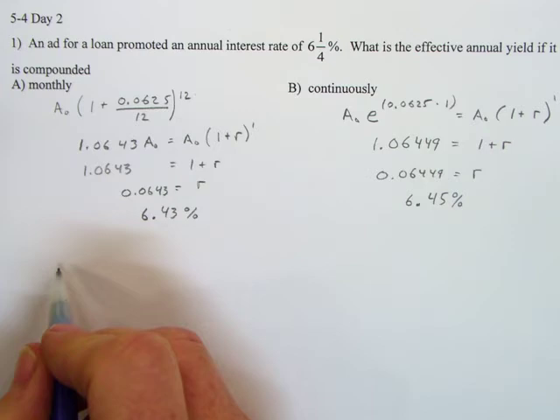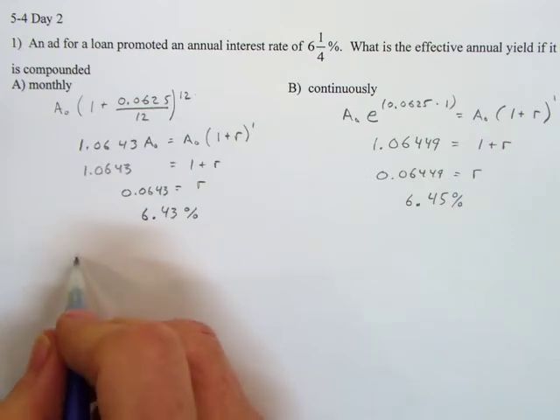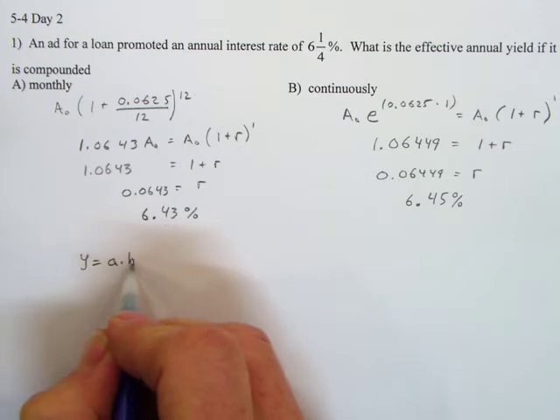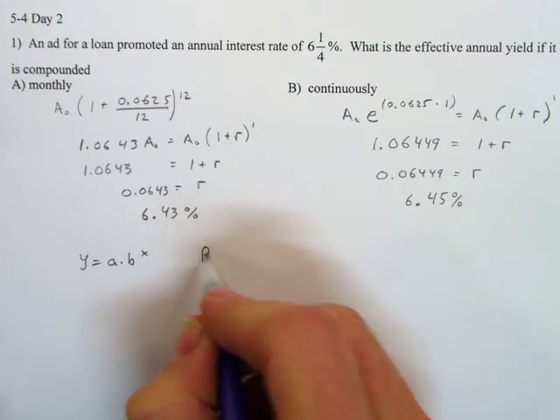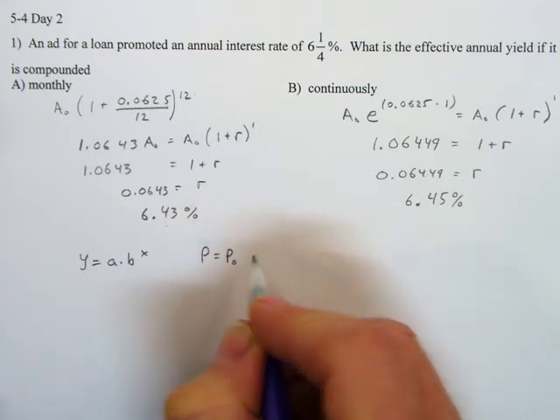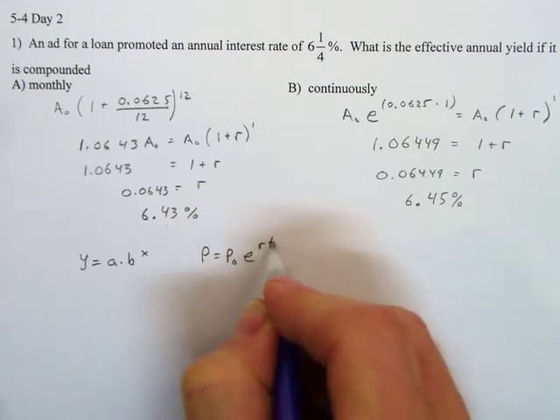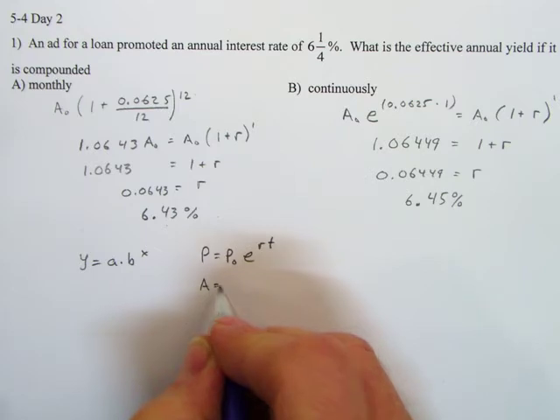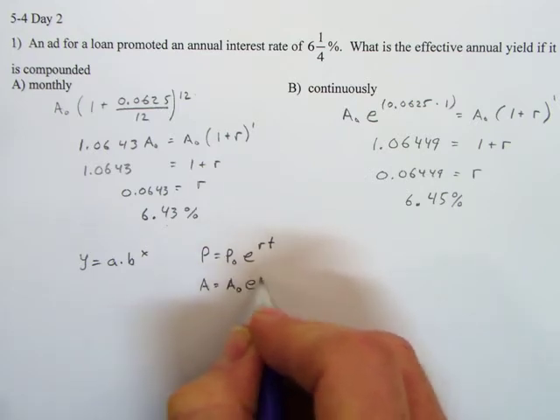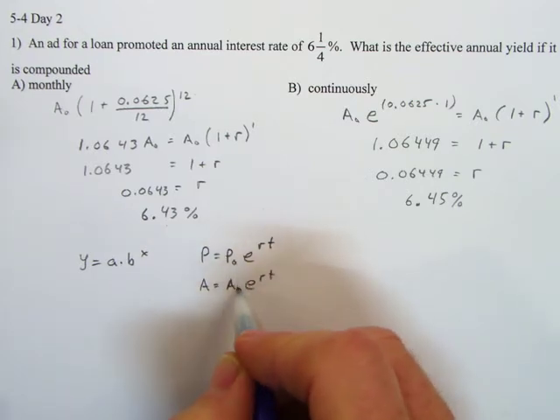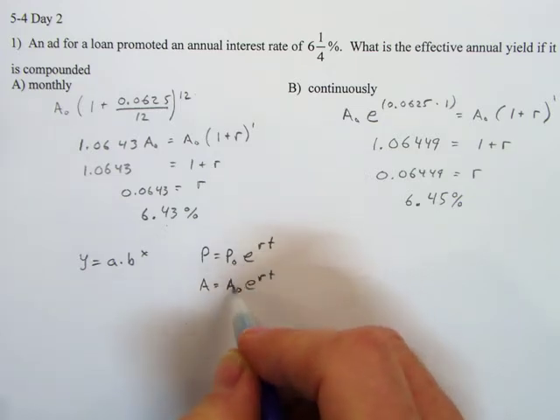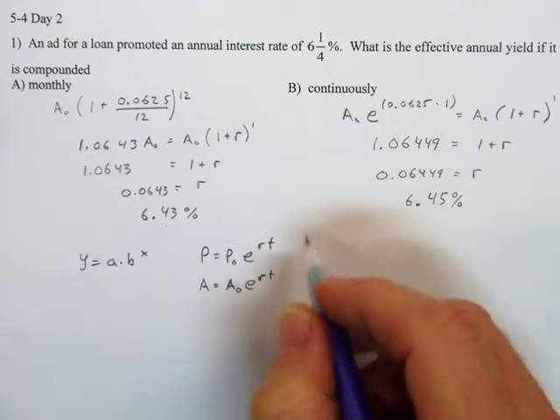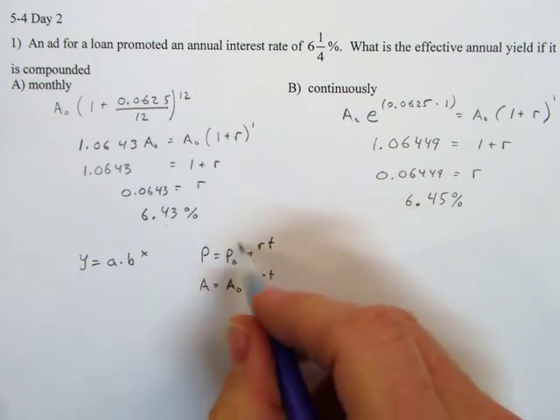At this point, we've looked at some general equations. Y equals a times b to the x. We have p equals p sub 0 e to the rt, or we've seen it as a equals a sub 0 e to the rt. Remember, when we have our sub 0 there, or you'll also hear that called p naught, a naught, that this is a constant.